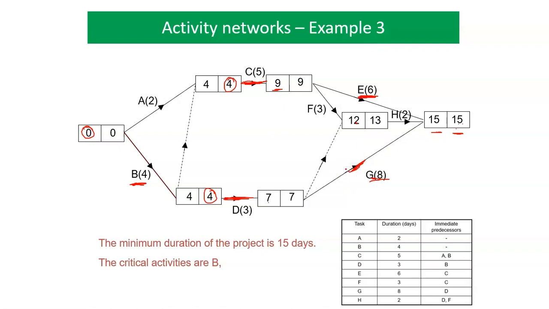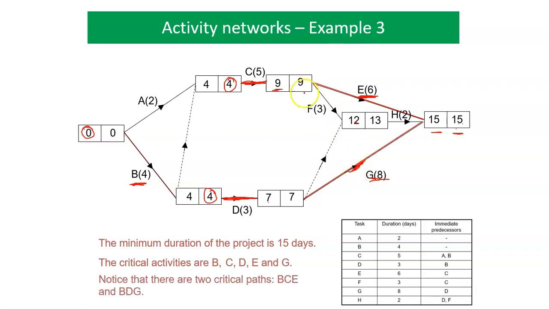So I think it's actually quite a few here. I reckon B, C, D, E, and G. Yes, all of those are critical. That leads to what we call critical path, which is where this whole topic gets its name.